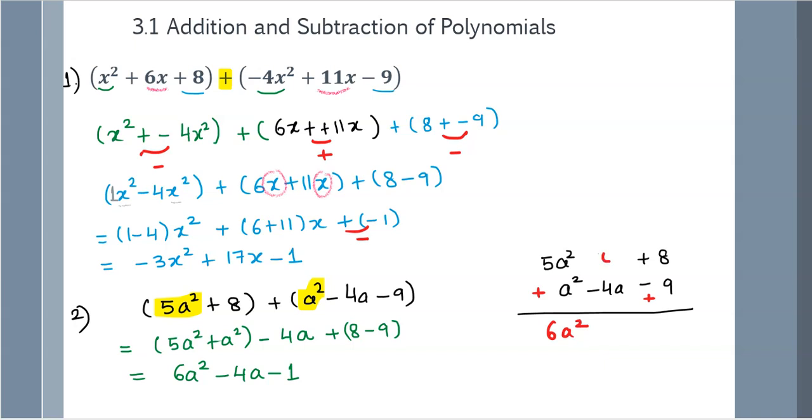There is no term of a, it means it's 0a. So it is minus 4a, or you can simply copy down this. Suppose if you don't want to write this, it's okay. There is no other a term, so you keep it the same. So 8 minus 9 gives you minus 1. So you get the same answer. Do it in any one of the ways.